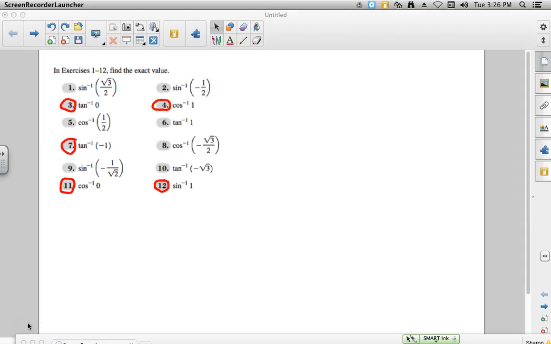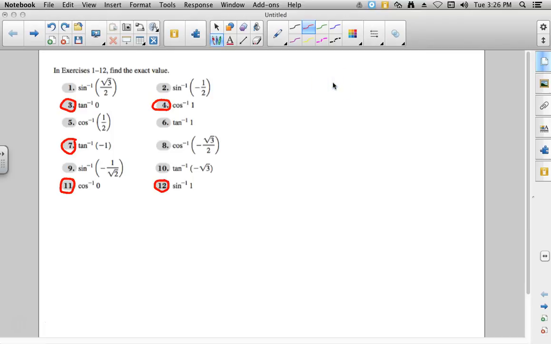We're going to start with number 3, which says find the exact value where the inverse tangent would be 0. So what you want to think of is where tangent is going to be placed, so that we're talking about the PBR, and then how do you get that 0? Well, the 0 comes from the fact that tangent is y over x, and we're looking at the quadrantal angles.